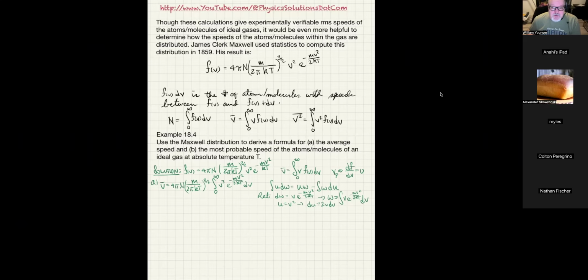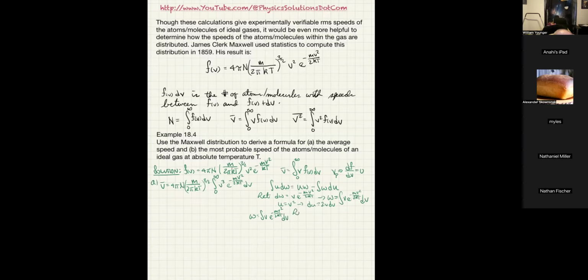So what I'm going to do now is try to compute those integrals so you'll know exactly what to do. So omega is going to be equal to the integral of v times e to the negative mv squared over 2kt dv.